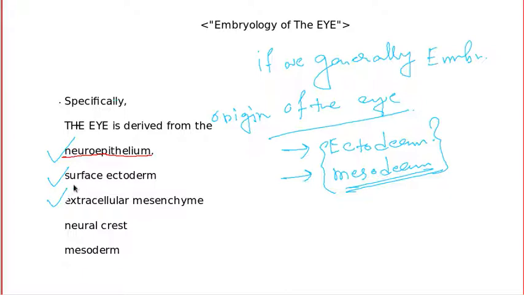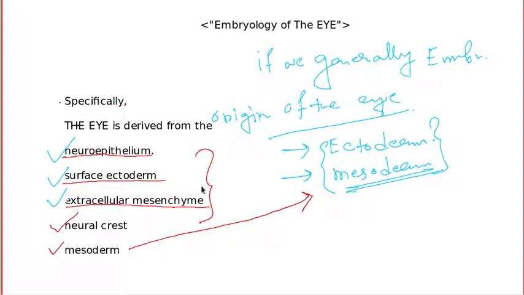These extracellular mesenchymes are derived from two parts: one is neural crest cells and another is mesoderm. As I have said here, that is mesoderm, and these parts are the other origins of the eye.